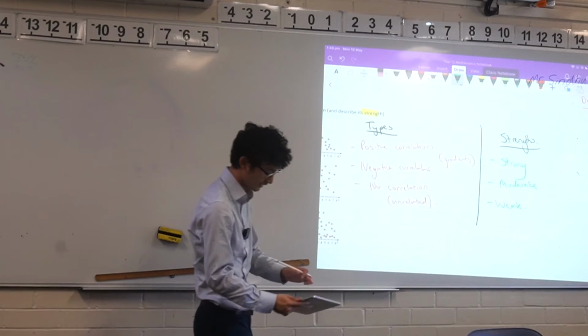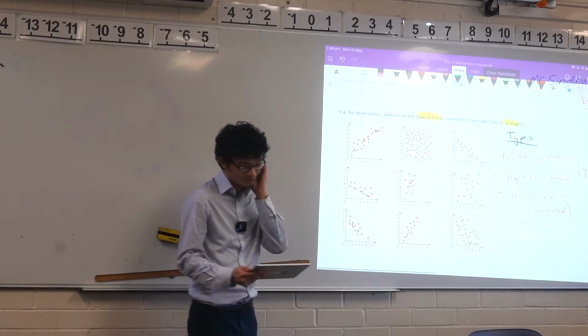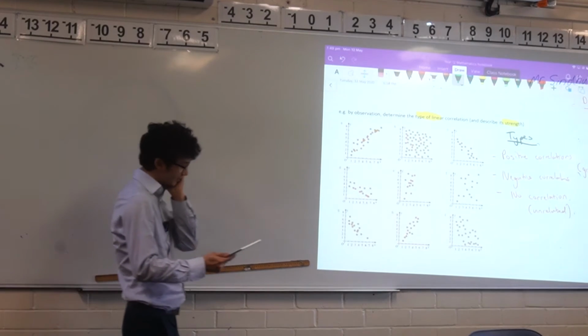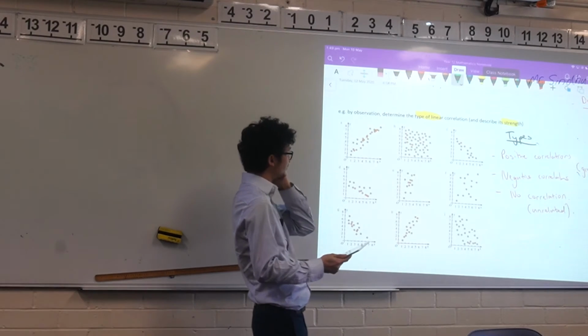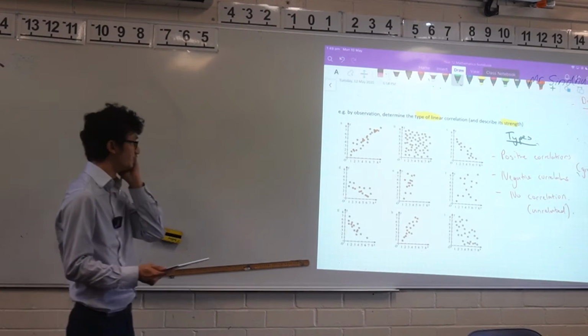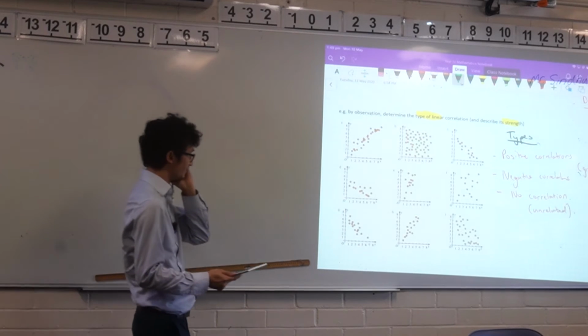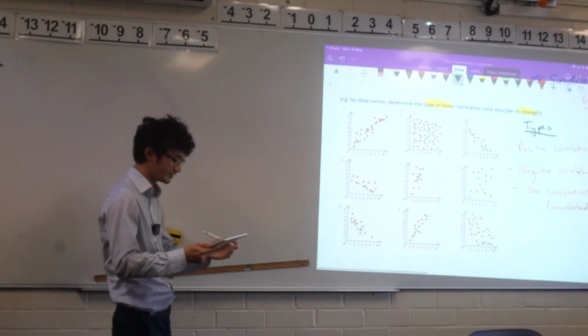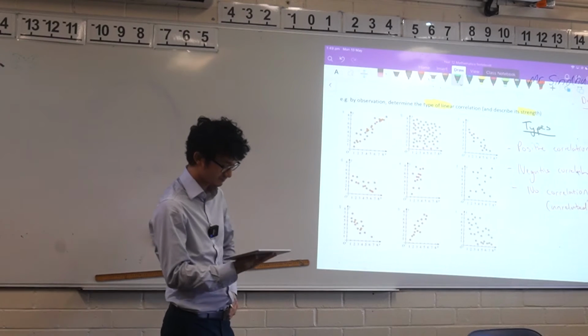Okay. So let's have a look at these. What's easy to identify? Probably the strong and weak ones before you do moderate, or maybe the no correlation ones. Do any jump out to you immediately as one or the other? B is no correlation.